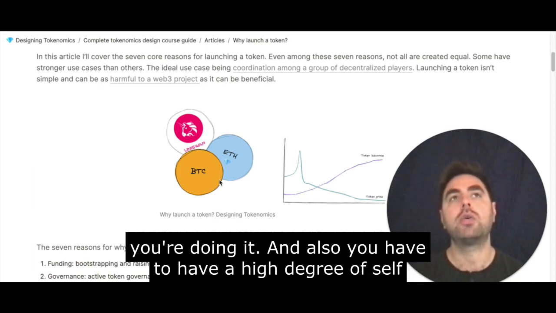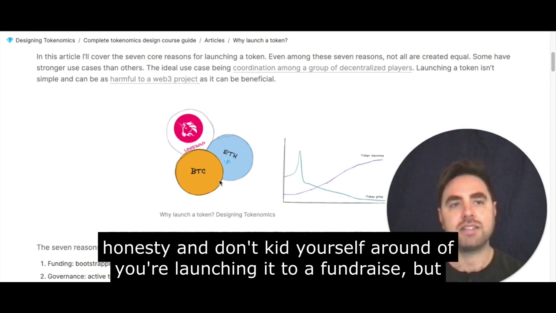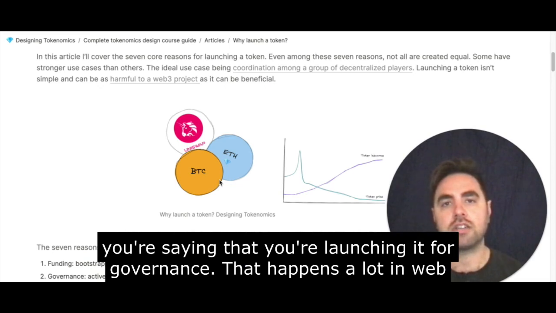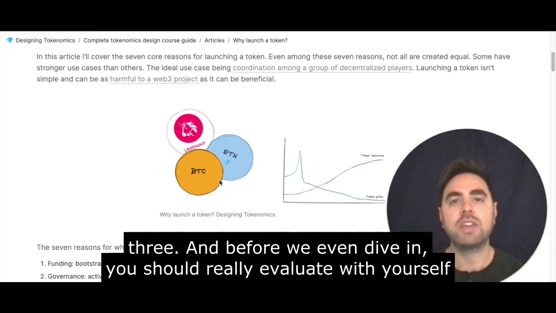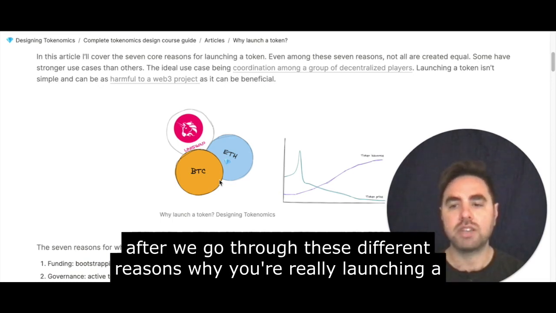And you also have to have a high degree of self-honesty, and not kid yourself that you're launching it for governance when you're really launching it to fundraise. That happens a lot in Web3. And before we even dive in, you should really evaluate with yourself, after we go through these different reasons, why you're really launching a token.